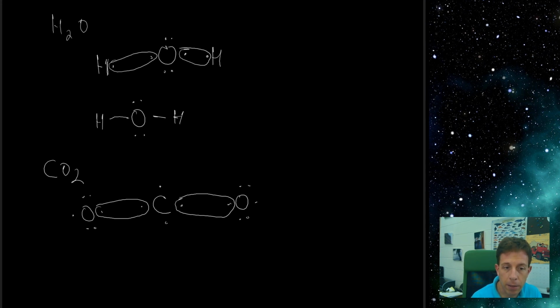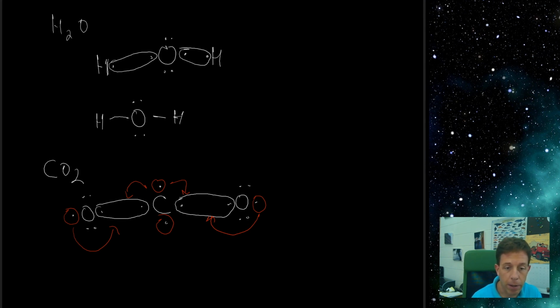And now we can see that we can incorporate the lone electrons out here that are not bonded, and again these ones from the carbon, we can bring all of those electrons into the bonding region and make a double bond on each side.